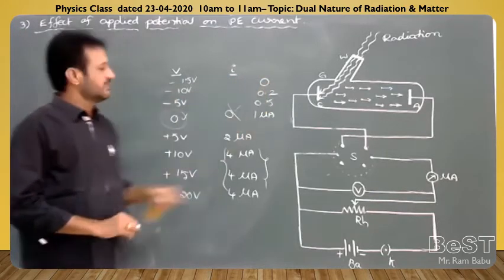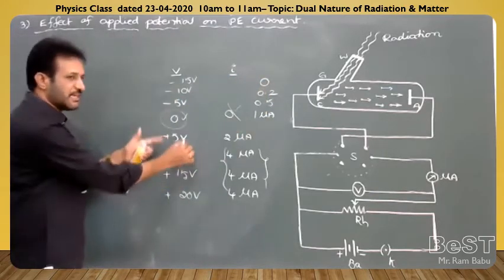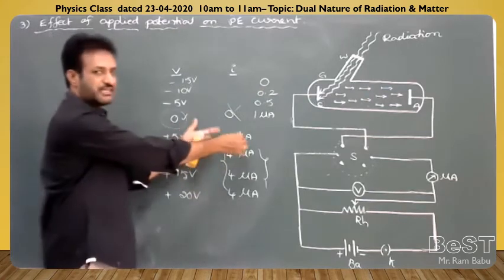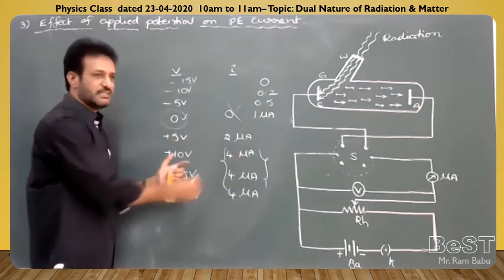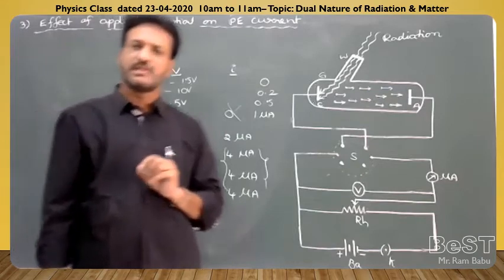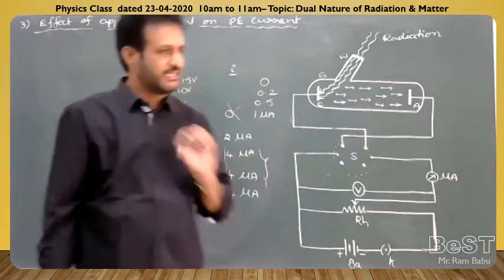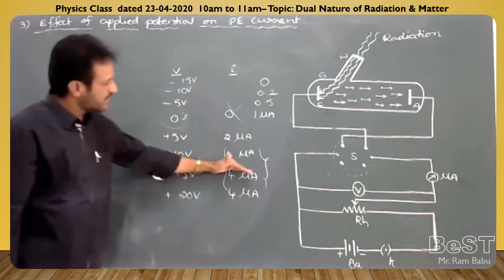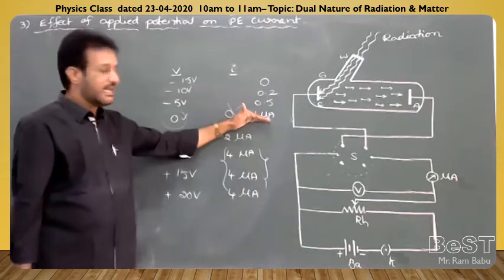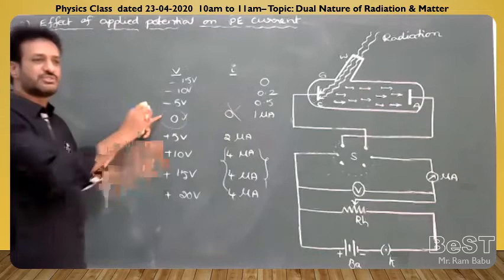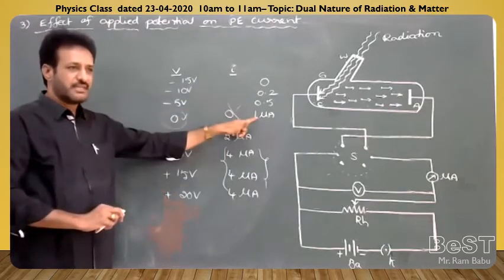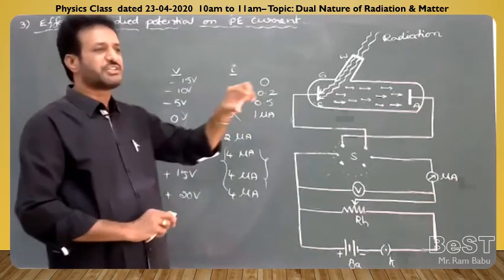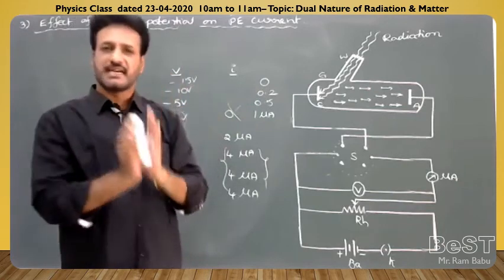So whenever the positive potential of the anode increases, the current also increases and becomes maximum. The maximum value of the photocurrent is called saturation current. When the positive potential of the anode gradually decreases, the photocurrent also gradually decreases. And whenever the potential of the anode is zero, the current is not zero, because some of the electrons are still reaching the anode with some kinetic energy.